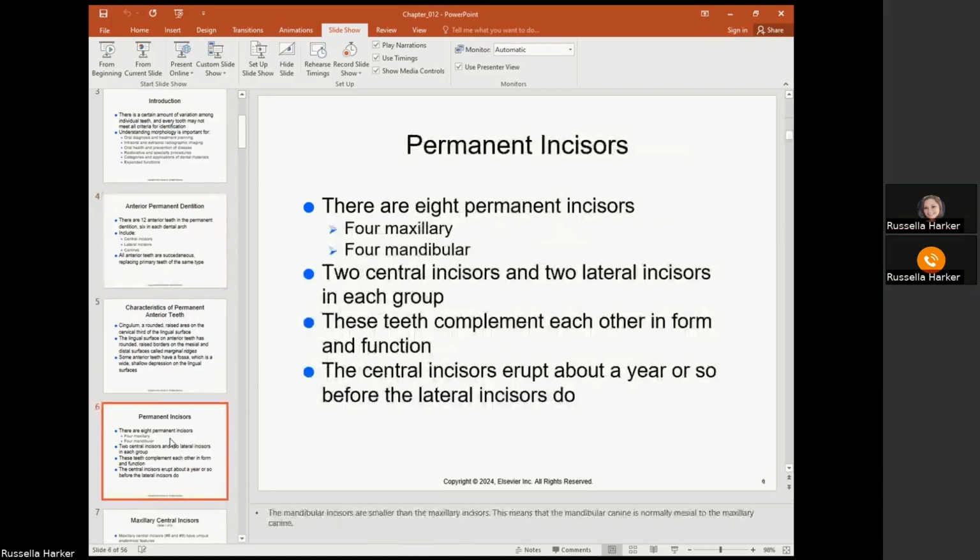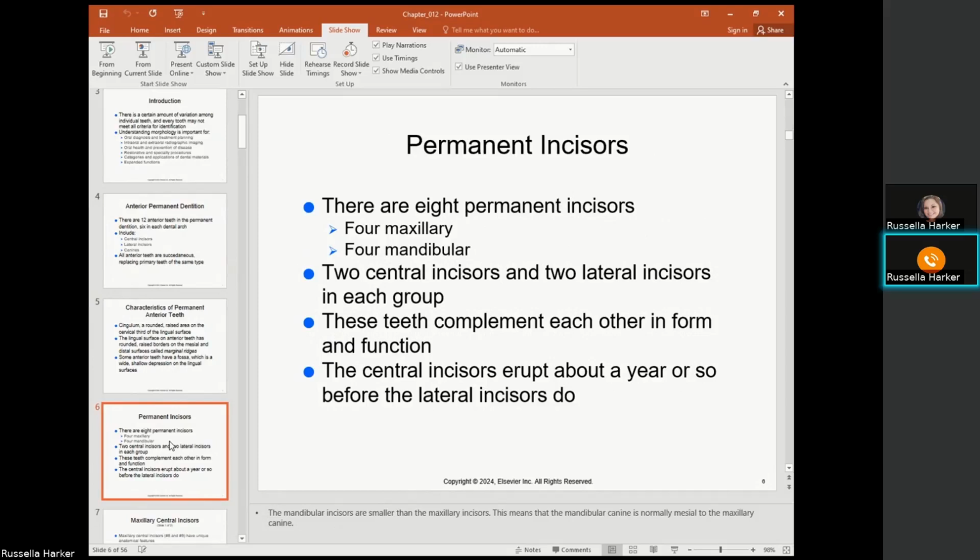When we go to permanent incisors, there are 8 permanent incisors, 4 maxillary and 4 mandibular, 2 central incisors and 2 lateral incisors in each group. These teeth complement each other in form and function. The central incisors erupt about a year or so before the lateral incisors do.